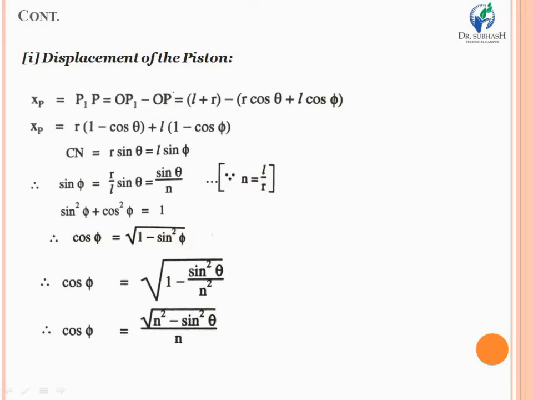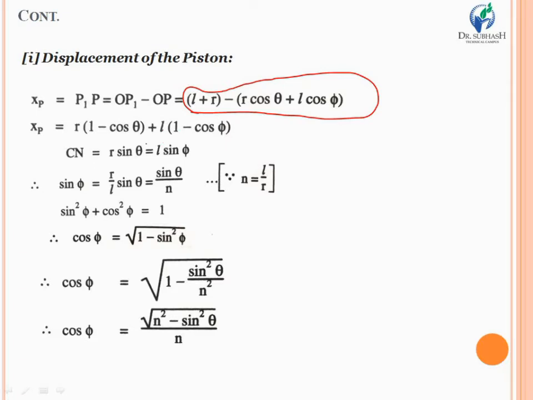So ultimately, by putting the relevant values of OP1 and OP, you will have L plus r minus r cos theta plus L cos phi. Further simplification of this displacement of piston relation will give us a new relation like r bracket 1 minus cos theta plus L bracket 1 minus cos phi.